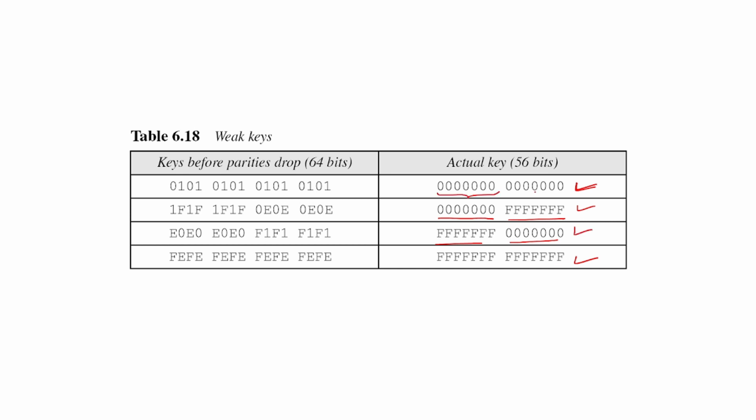That's why these are called weak keys. In the key generation process, we divide the cipher key into two halves and perform a circular left shift operation, as we already discussed in the previous session. Based on the round number, we perform a 1-bit or 2-bit left shift.